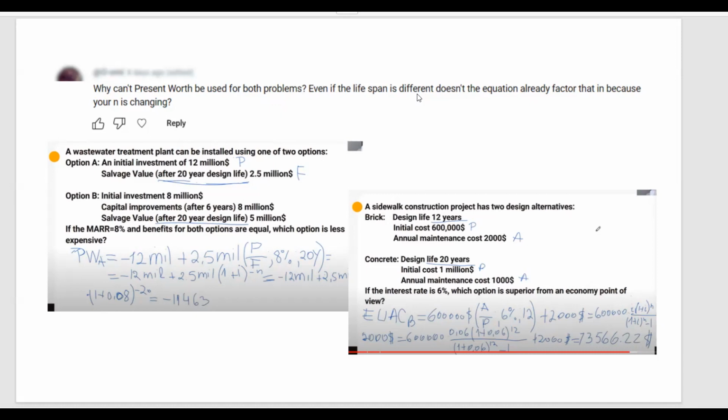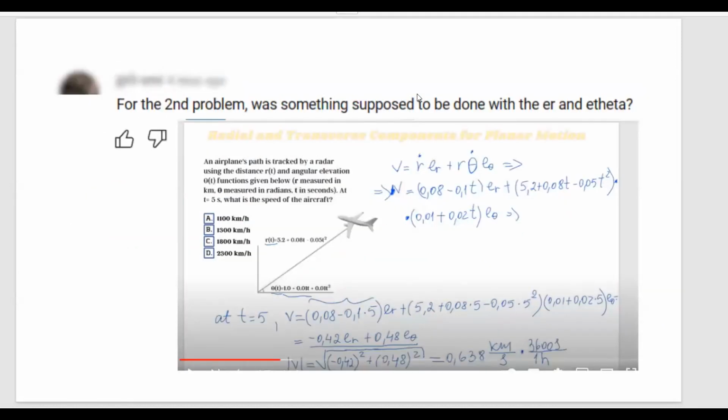Now let's move on to the next one. For the second problem, was something supposed to be done with the E_R and E_theta? So this is a problem from the dynamics section. And the question is referring to this E_R and E_theta, right?